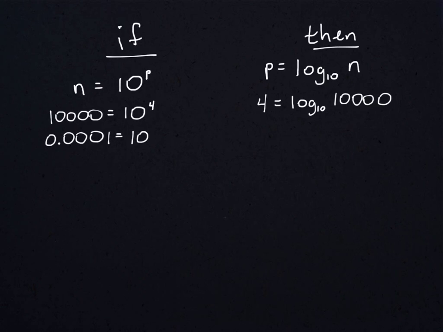It's not 4, because that would be 10,000. It's -4, good. So 10 to the -4th power is 0.0001. I could say, what is the log base 10 of 0.0001? The answer would be -4, good.